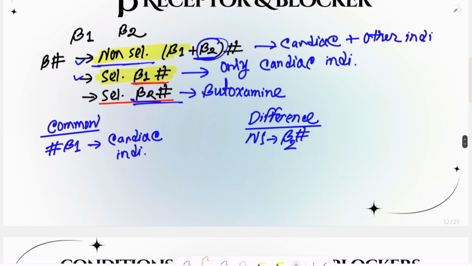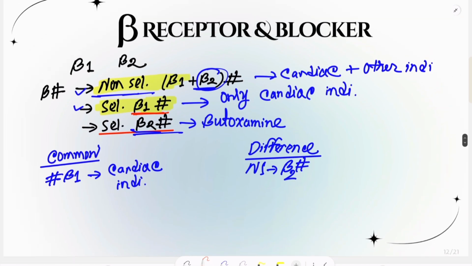As the non-selective beta blockers were developed first, they are called first generation beta blockers, and the selective beta 1 blockers were developed after the non-selective ones. That's why selective beta 1 blocker is called second generation beta blocker.